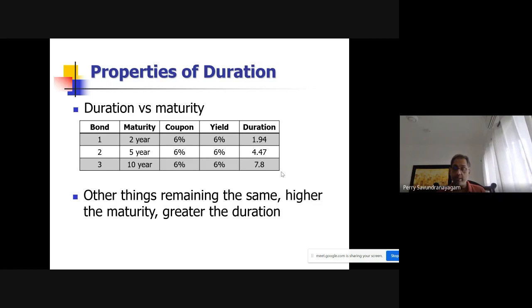So therefore, your duration is less, and reverse of that. Clear?